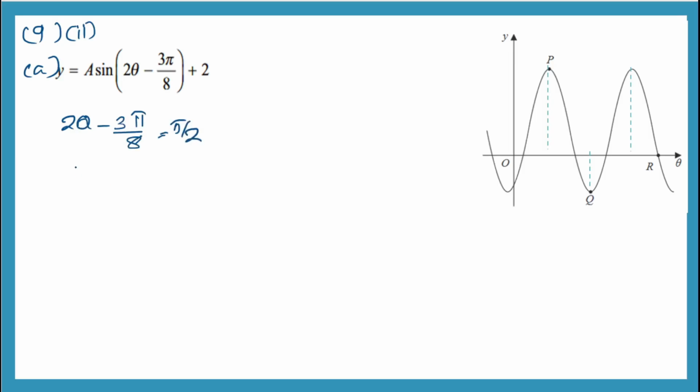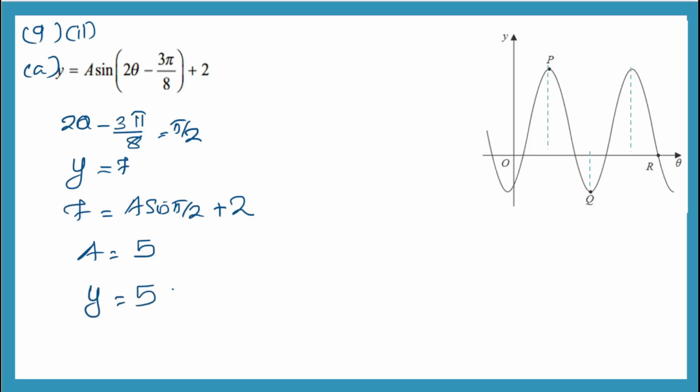Also it is given that the y coordinate of P is 7. Then the equation becomes 7 equals a sine pi by 2 plus 2. Then we got the value of a as 5. Hence the equation becomes y equals 5 times sine of (2 theta minus 3 pi by 8) plus 2.